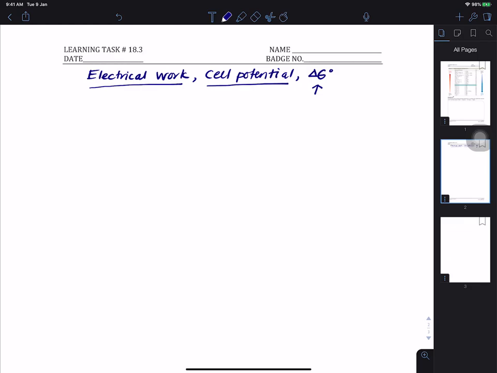So now, if we look at that electrical work, work is practically the cell voltage or the electromotive force multiplied by the charge carried by the electron. Now, why did I say that? Remember, from the anode to the cathode, there is a potential difference.